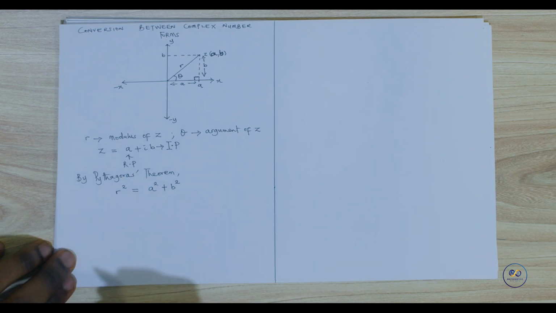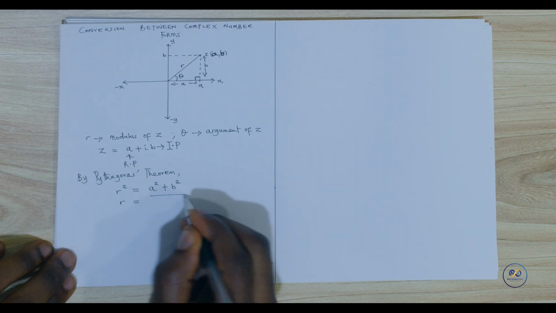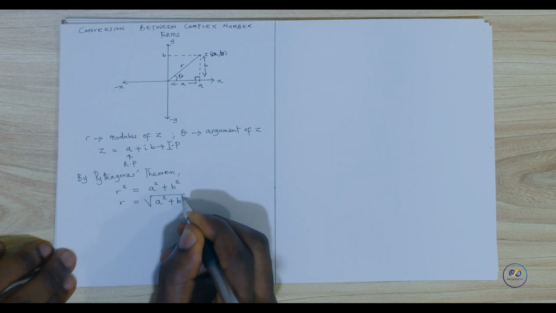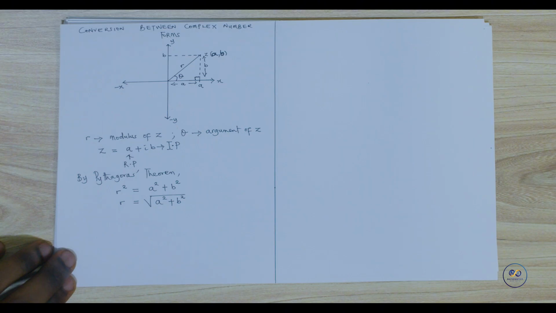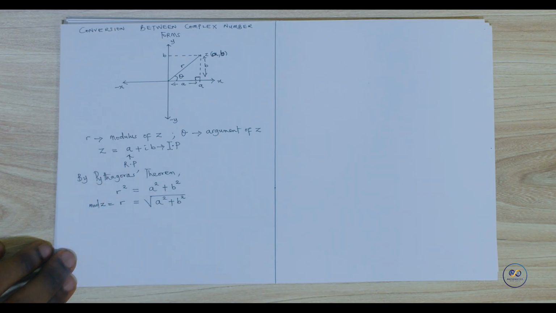So if we make the hypotenuse subject of the formula by taking the square root of both sides, you would have that the modulus is equal to the square root of A squared plus B squared, right? So this is the modulus of Z.